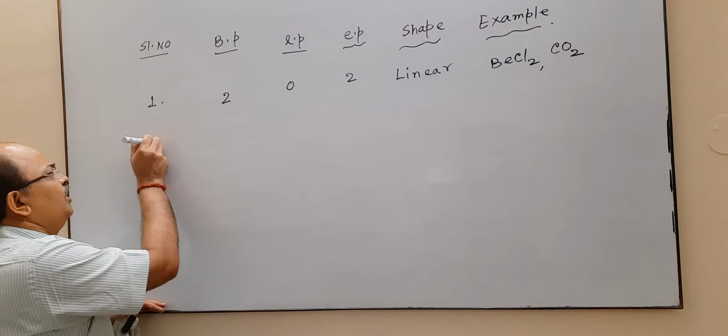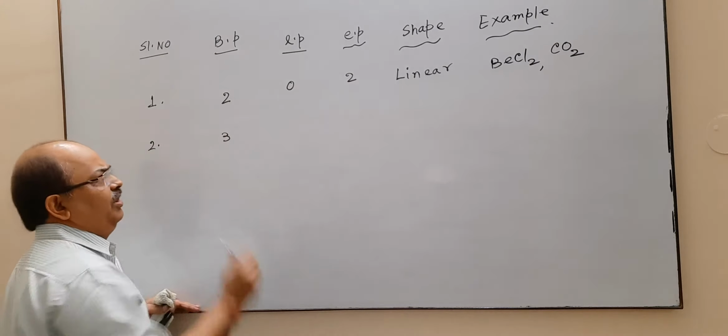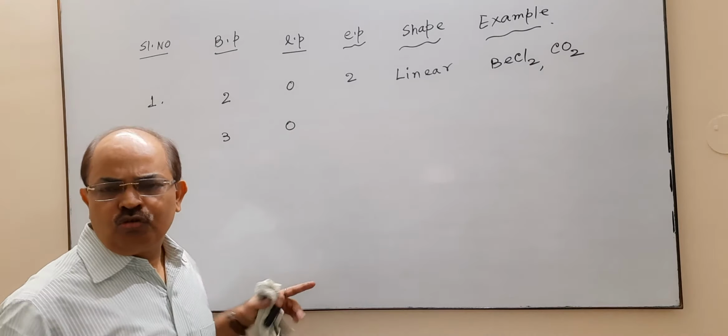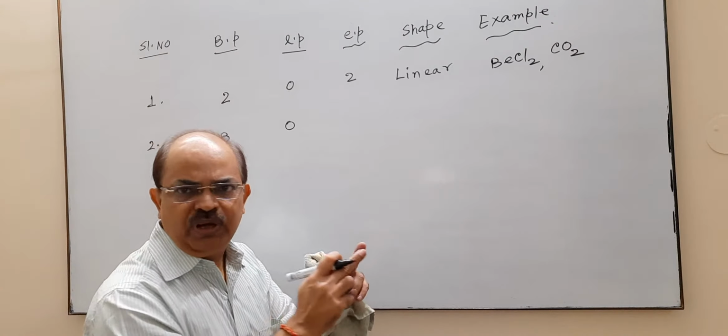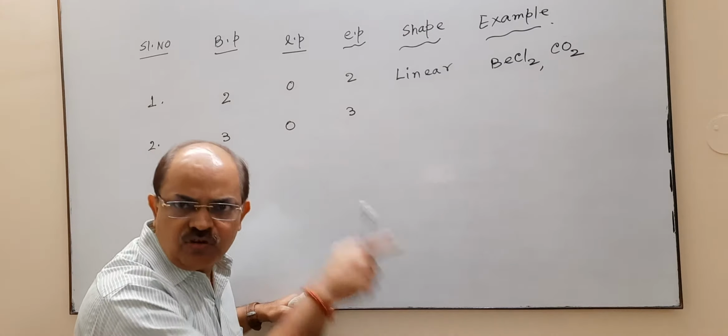Now serial number 2 is, if the bond pair is 3 and the lone pair is 0, then the sum of bond pair and lone pair will be 3, because 3 plus 0.